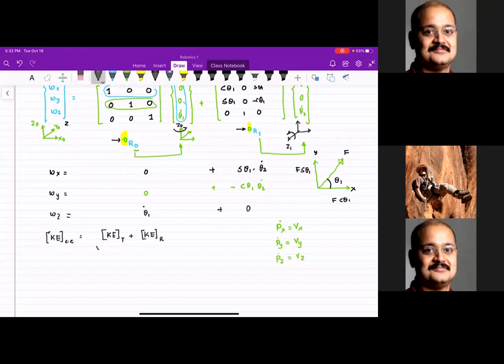So the total kinetic energy is going to become 1/2 m Vx square plus 1/2 m Vy square plus 1/2 m Vz square. This is the total kinetic energy of translation.